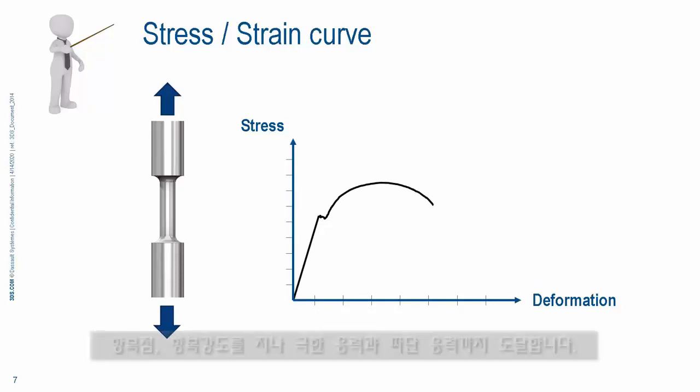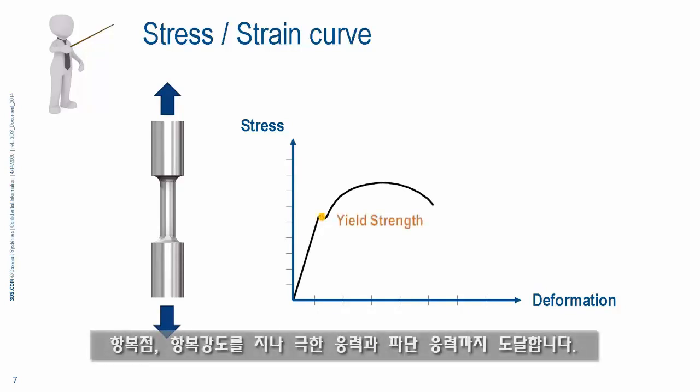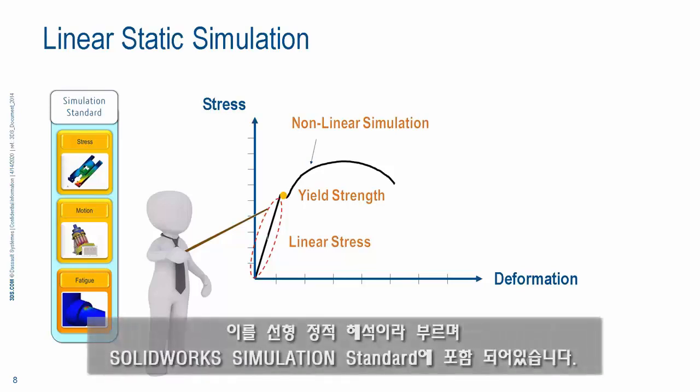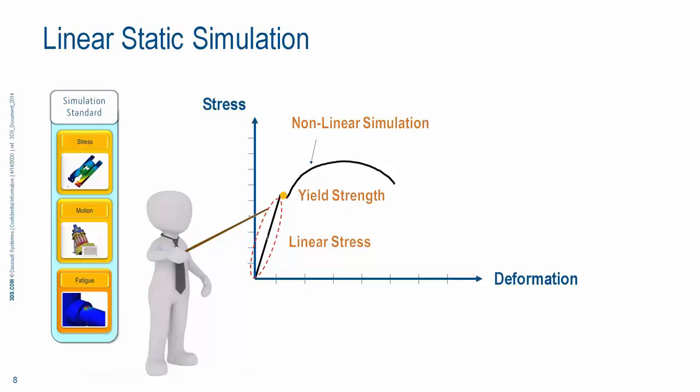And what's happening here is that we are coming to a yield point, a yield strength. And then we have the ultimate tensile strength, and then we have the failure strength. And what we're dealing with here is the linear area, the linear stress, and this is what we call a linear static simulation. And this is what's included in SOLIDWORKS Simulation Standard.